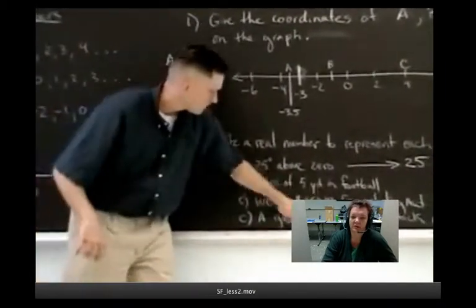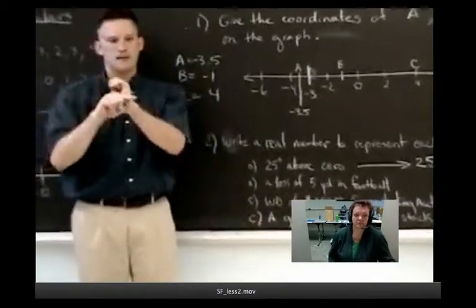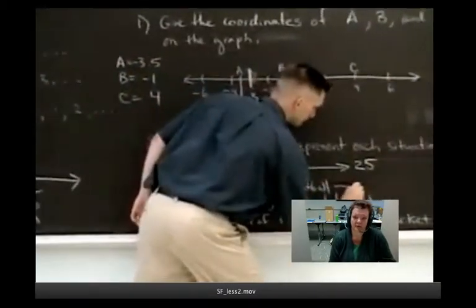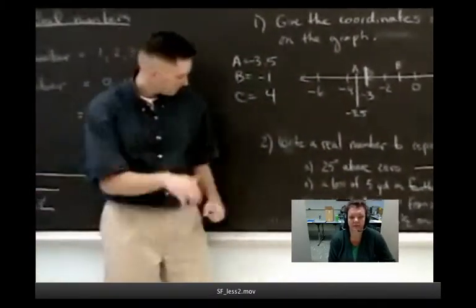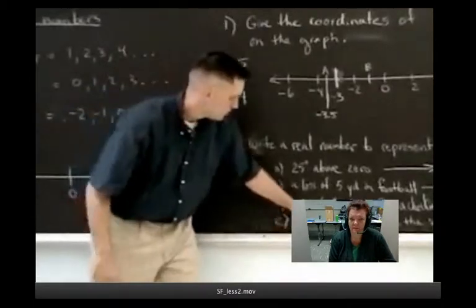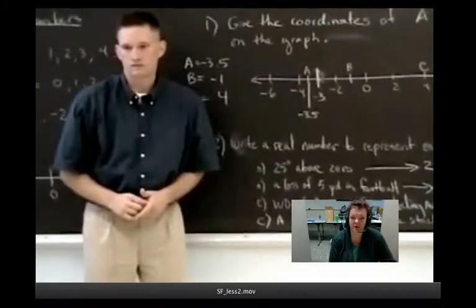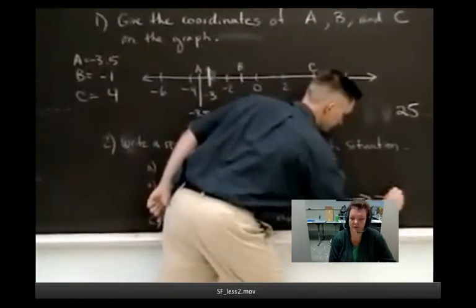Okay, next one. A loss of 5 yards in football. -5. Good. Next one. What if you withdraw 250 from a checking account? -250.